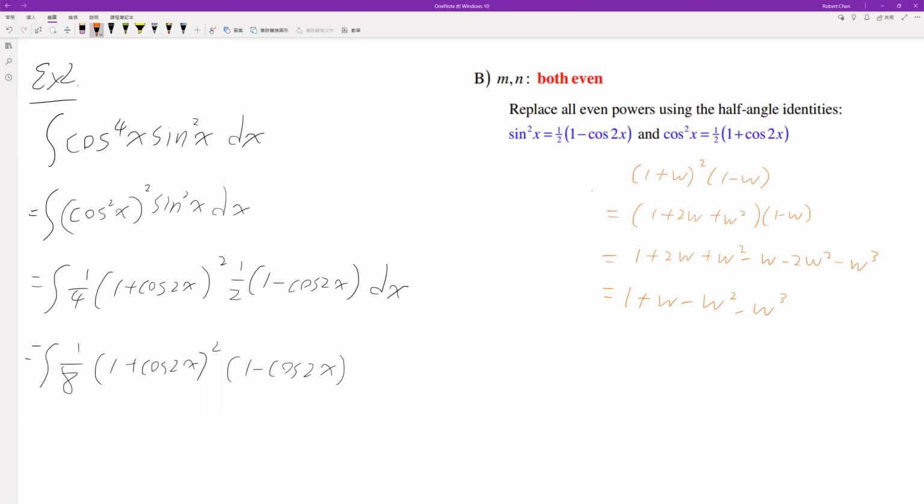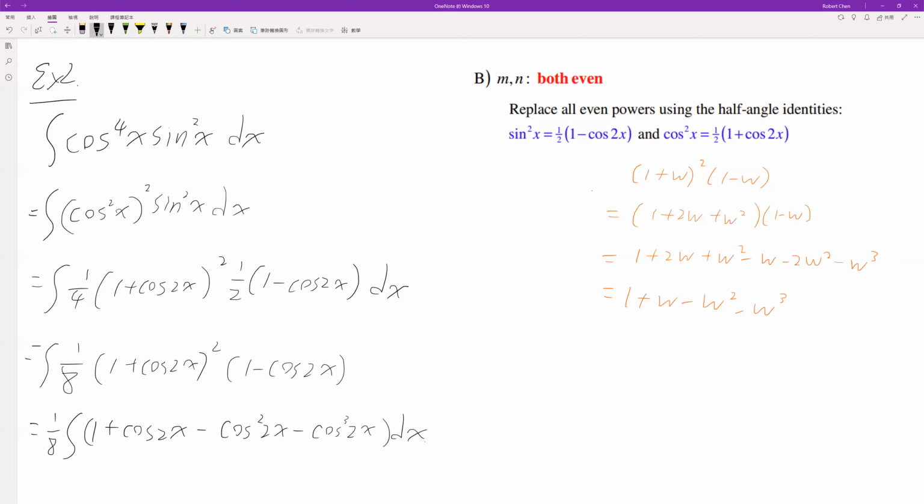Okay, so let's rewrite that back into our integral. So 1/8 on the outside, and that'll just be 1 plus cosine 2x minus cosine squared 2x minus cosine cubed 2x dx.